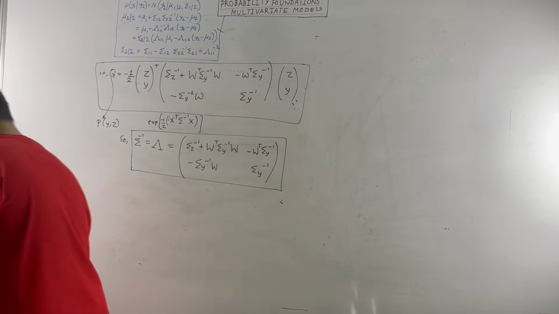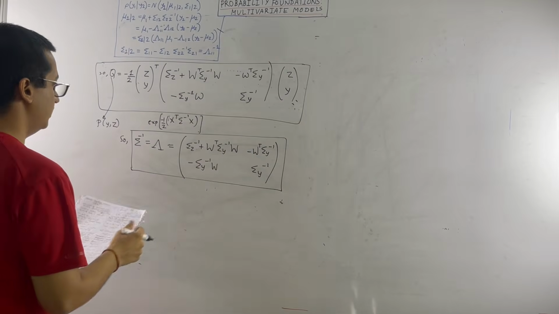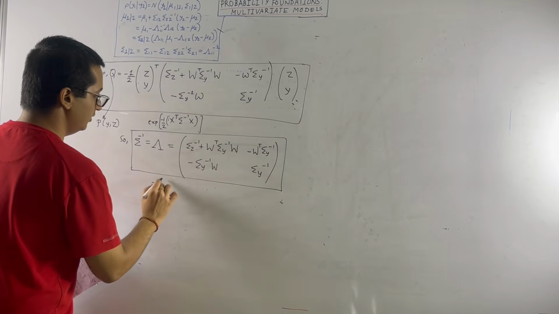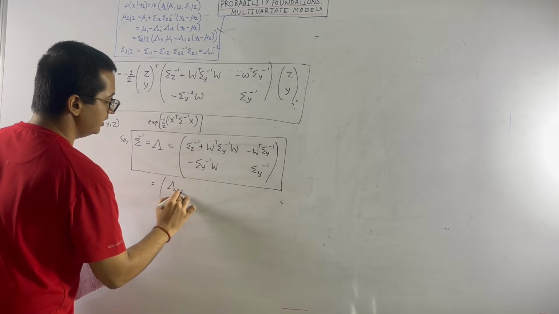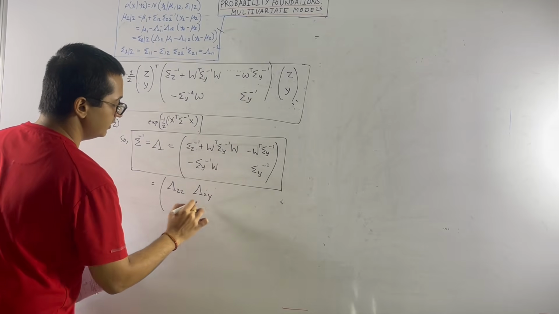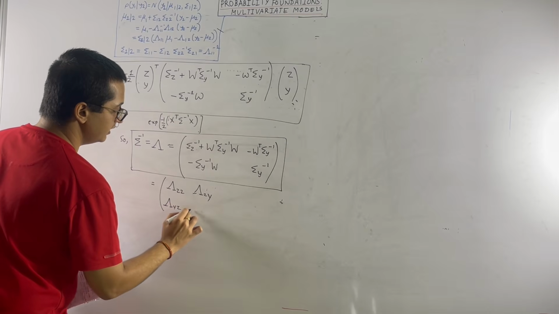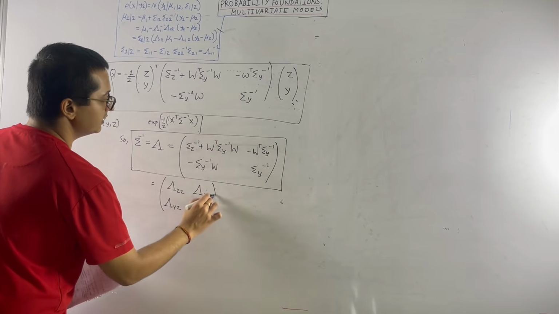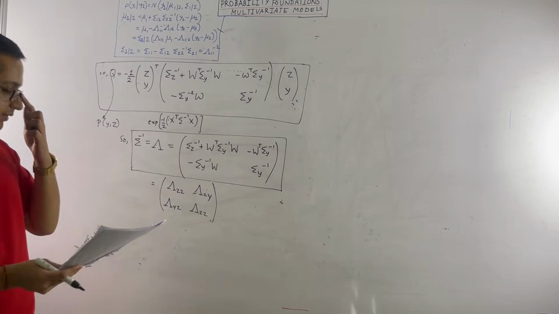So this is actually lambda. So lambda zz, lambda zy, lambda yz, lambda yy. Lambda is the precision, right? Because it is the inverse of covariance.